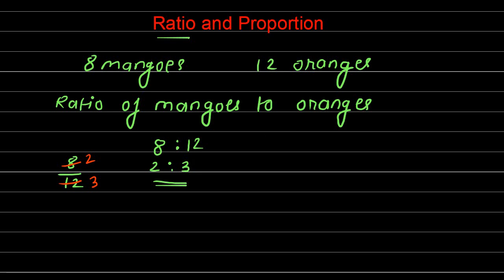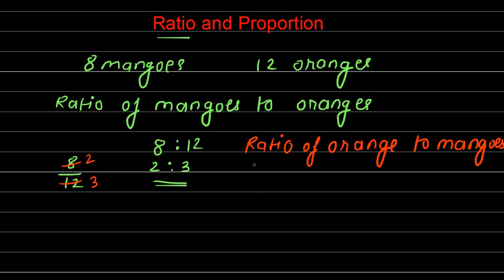Now as I said, there are two ways over here, and it totally depends on what the question is asking you. Here the question was ratio of mangoes to oranges. Now I can have a ratio of oranges to mangoes.